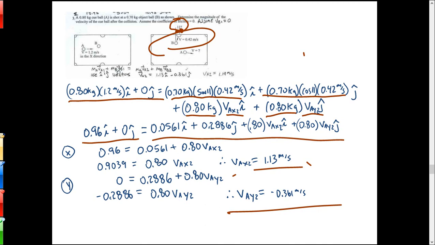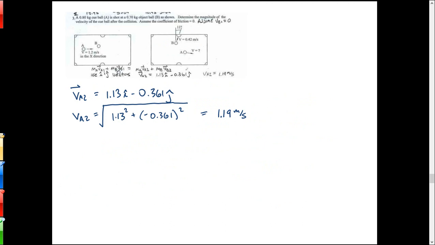Okay. Good with that. So there's the final bit on that, just taking the square root of the sum of the squares to get the velocity of A.